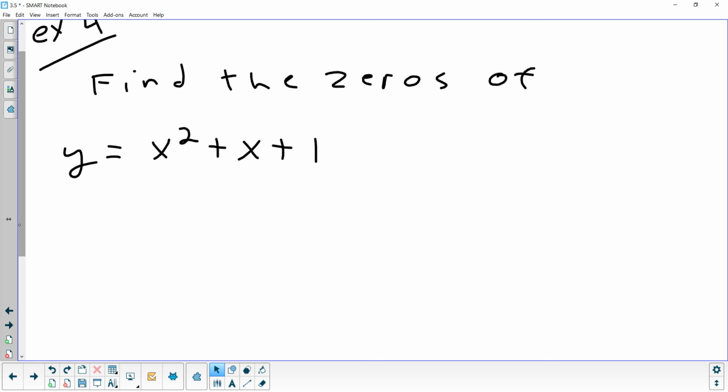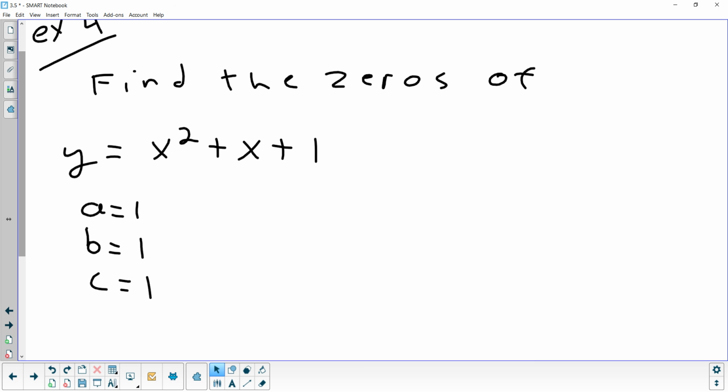So in this case, Chris, what's a? That would be 1. And Zach, b? 1. And c, Tyler? 1. So we're just going to fill into the quadratic formula and see what we get. Ashley, can you start us off with the quadratic formula using these values?